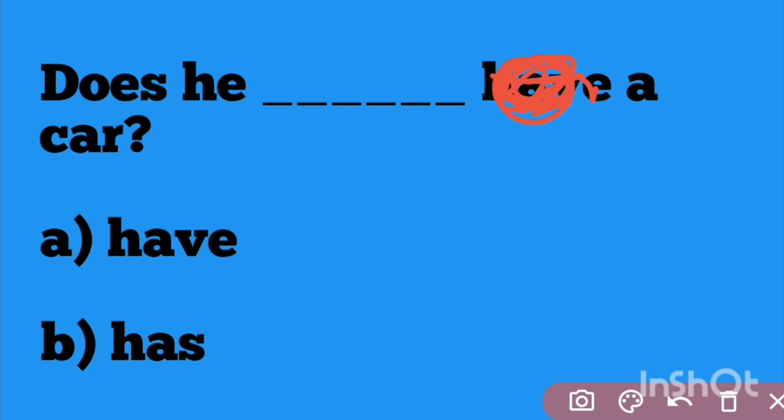The question is, does he blank space occur? Friends, we have to choose have or has as the main verb. And in previous questions, I have told you, if we use do, does or did in a sentence, after that we have to use the base form of the verb, or the present form of the verb, and that is have.